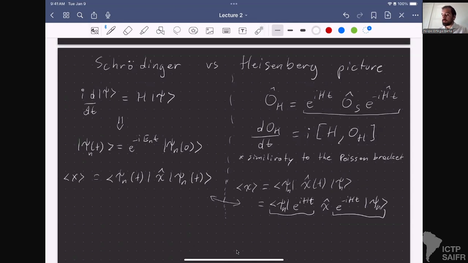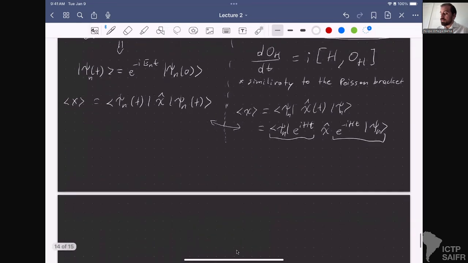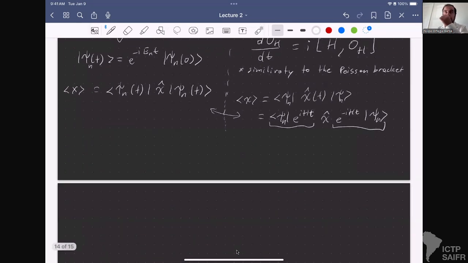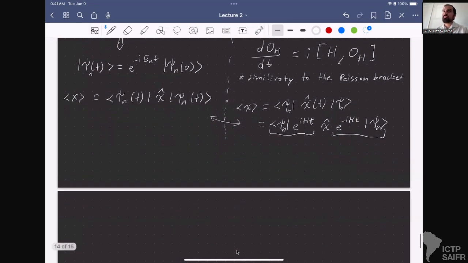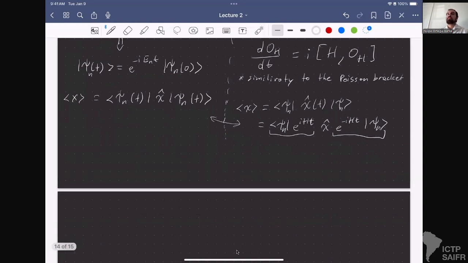The ground state is going to be fixed, or the number of particles in the initial state of your system is going to stay fixed at some initial time, and then the particles at the final time are also fixed at that final time.